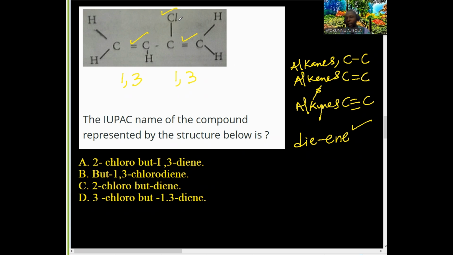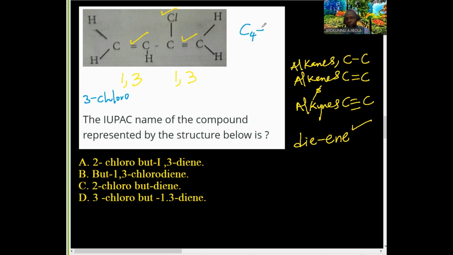But let us now check the chlorine. If you count from right to left, chlorine is number 3. So that would be 3 chloro. Are you with me? You must firstly know the parent, the main hydrocarbon, which is C4.